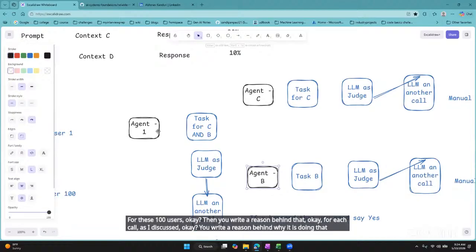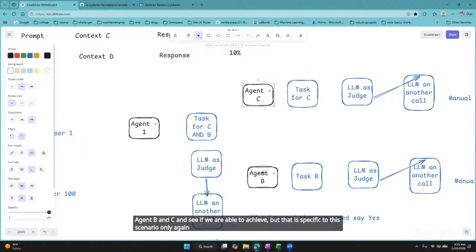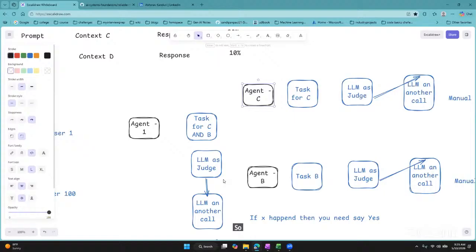Then you improve the instructions in agent one, agent two, and agent B and C, and see if we are able to achieve it. But that is specific to this scenario only, and you can't come up with a general solution that can be implemented the same way in another scenario. So the thought could be the same, but scenarios would be different again.